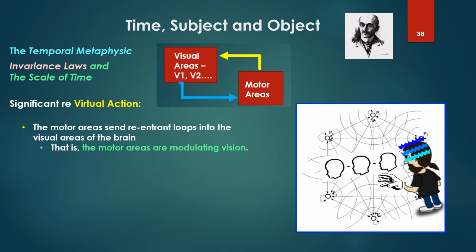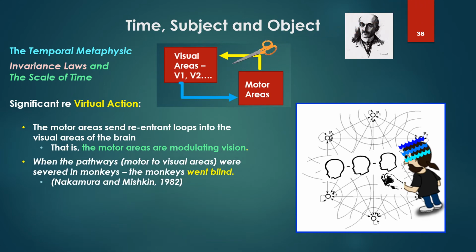This is significant with respect to Bergson's principle that perception is virtual action. The motor areas send reentrant loops into the visual areas of the brain. That is, the visual areas are feeding the motor areas with information, but vice versa, the motor areas are feeding information back into the visual areas. That is, the motor areas are modulating vision. Very important for the virtual action principle.